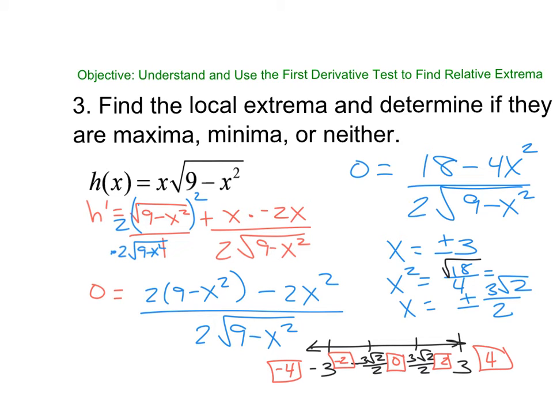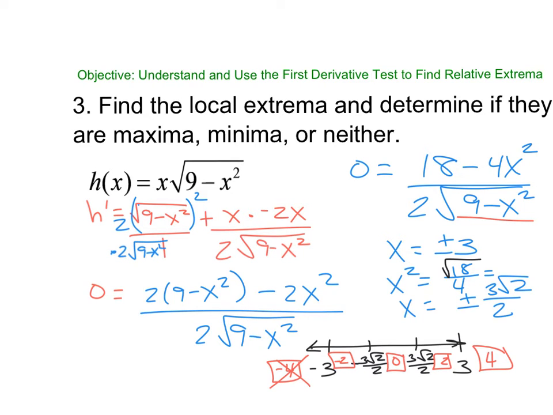All right, so if I plug in negative 4, oh wait, I can't plug in negative 4. That's an endpoint because you can't plug in negative 4 into the bottom. Oh wait, I'm plugging into the original. Nope, that still doesn't work. No, I'm plugging into the derivative. But we can't plug in anything. Negative 3 is an endpoint, so that's not going to work. All right, so let's try negative 2.